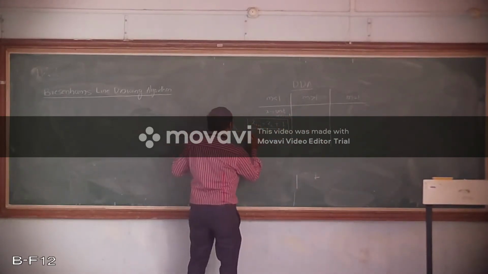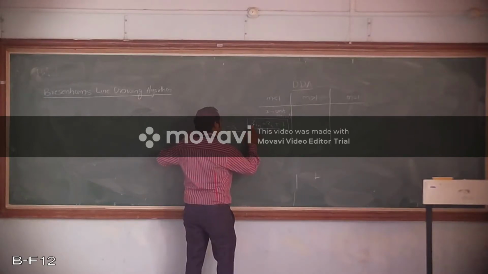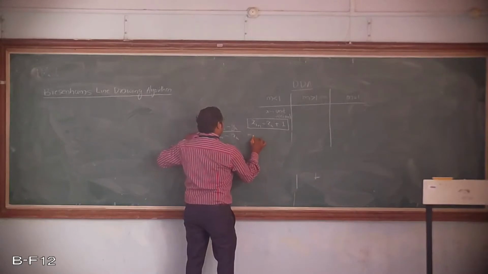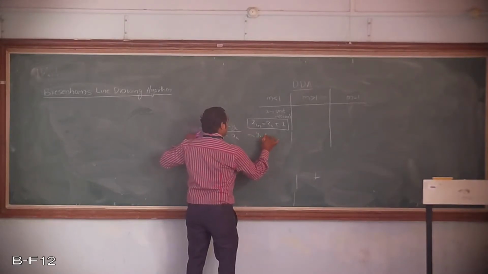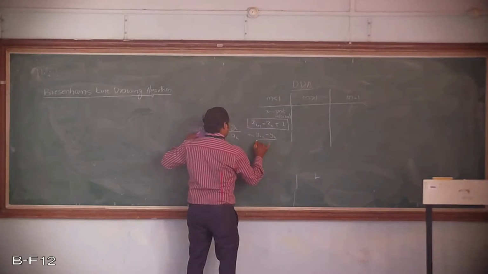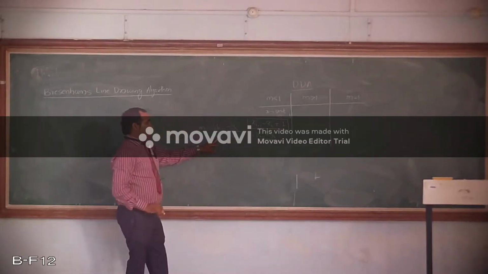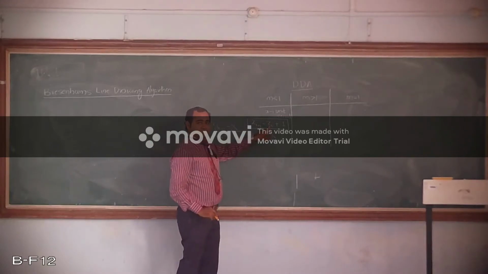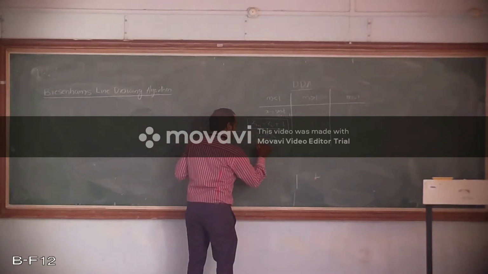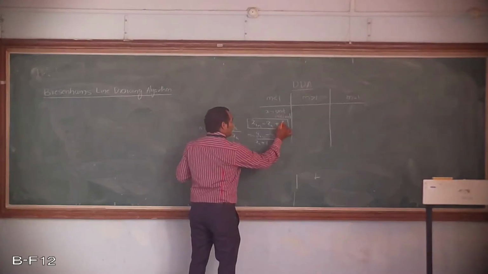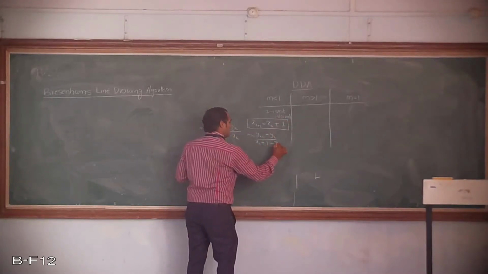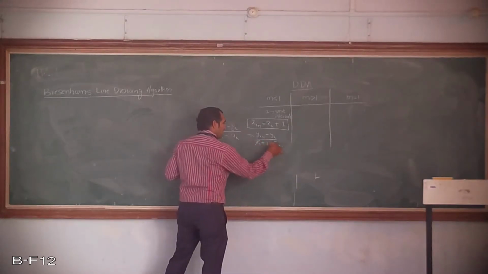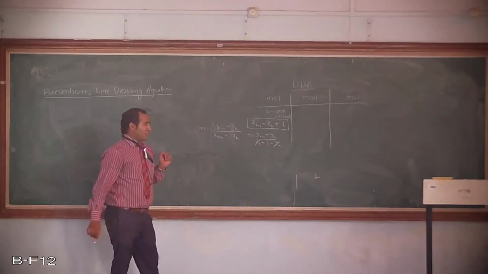So substituting the value of xk plus 1 as xk plus 1, m is equal to yk plus 1 as it is, minus yk, upon xk plus 1 minus xk as it is. Simplifying this, plus xk and minus xk will get cancelled.